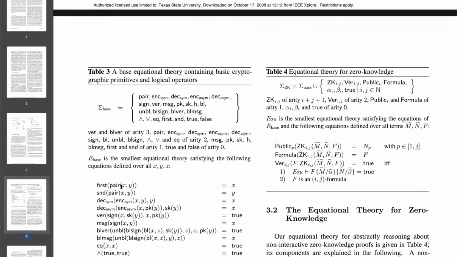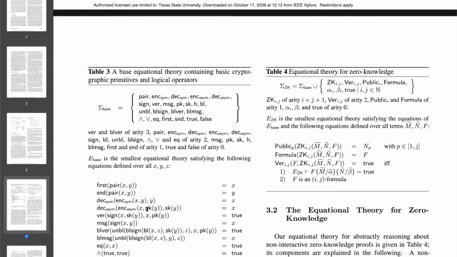So the first of pair XY is X, the second of pair XY is Y. If you encrypt X using Y, so Y is the encryption mechanism, X is the message. So if you decrypt the thing you encrypted with Y, then you'll get back X.